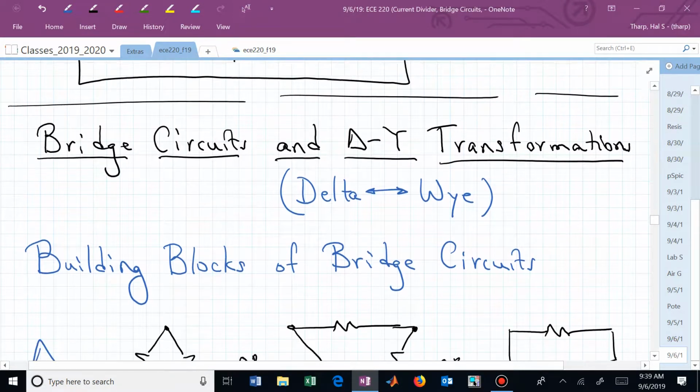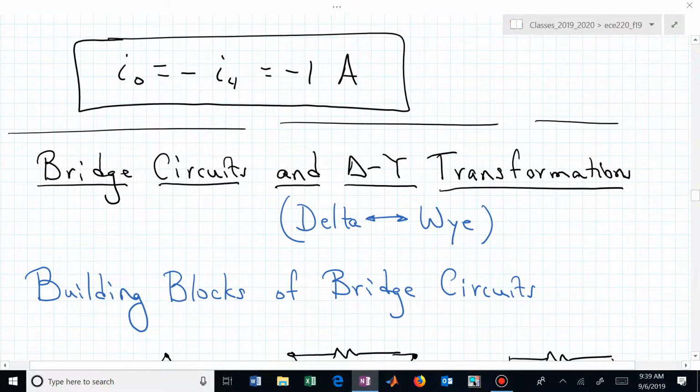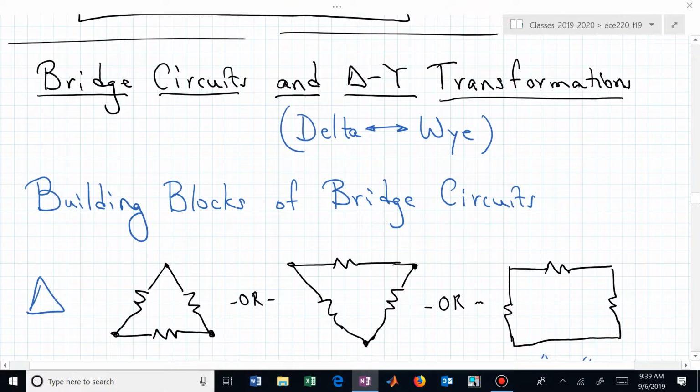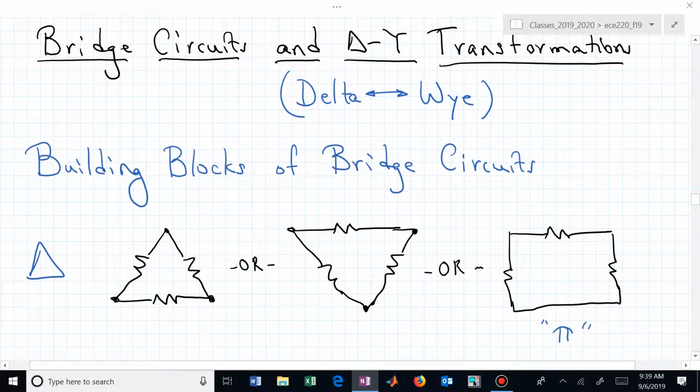Let's now talk about bridge circuits and Delta-Wye transformations. We're building these bridges out of either stacking, in a sense, two deltas on top of each other, a top and a bottom.